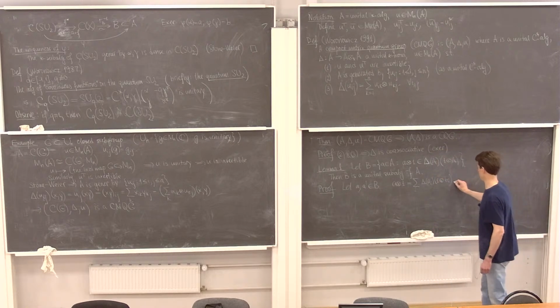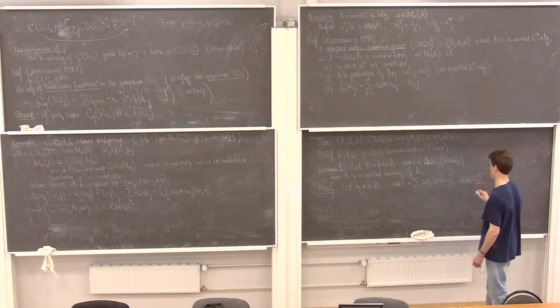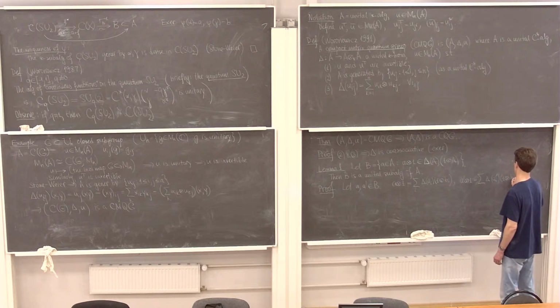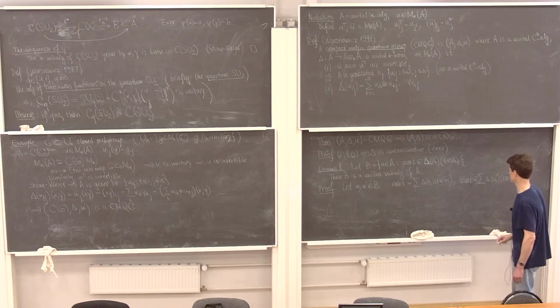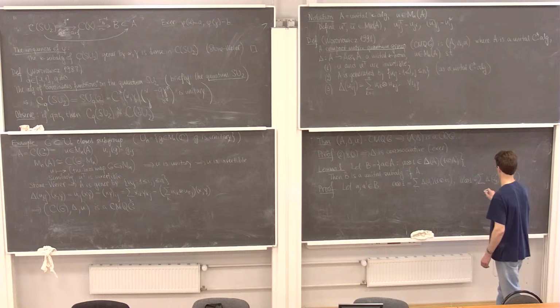And similarly, a prime tensor 1 can be written as a finite sum over j, delta of a_j prime, 1 tensor b_j prime.